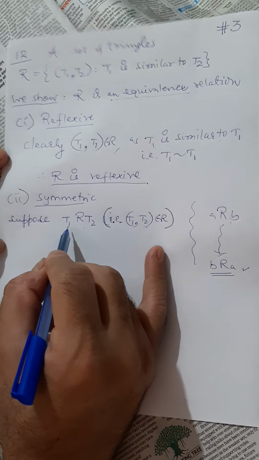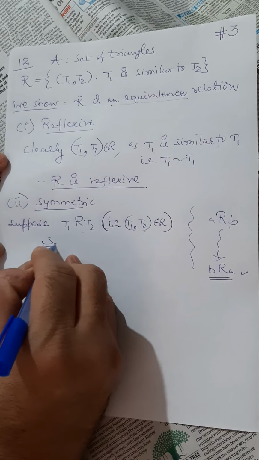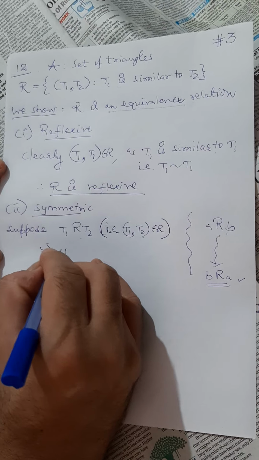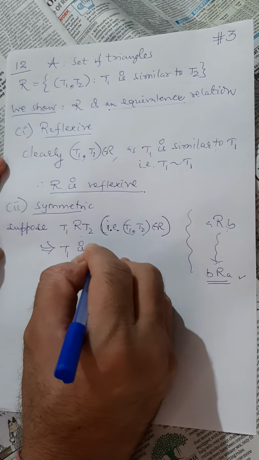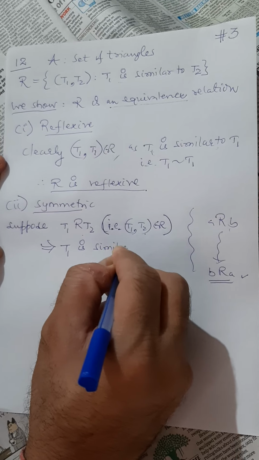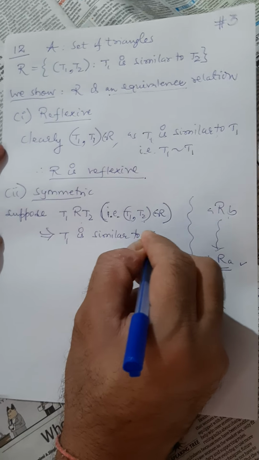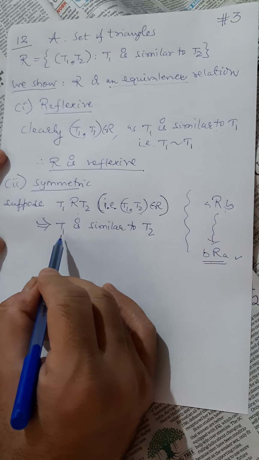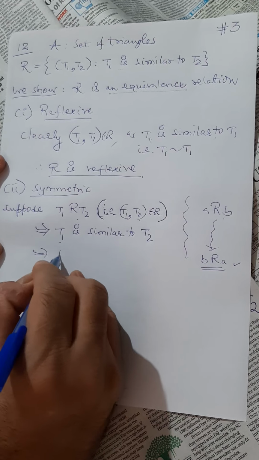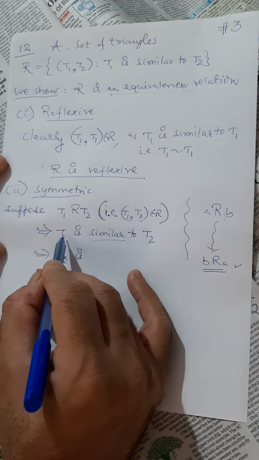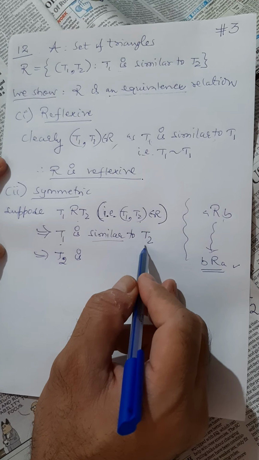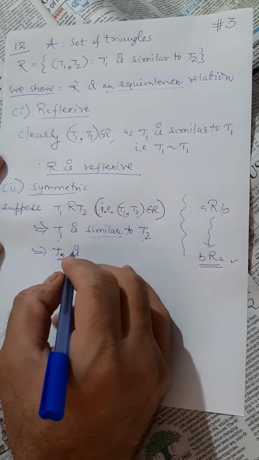Now what's the meaning of T1 related to T2? It means T1 is similar to triangle T2. Now, if T1 is similar to T2, you can say that T2 is also similar to T1. Similar means the ratio of the corresponding sides is the same.